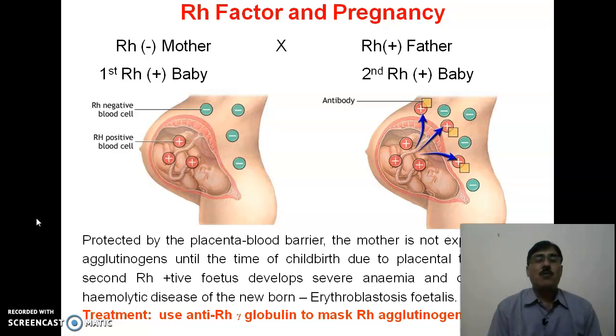There is use of anti-Rh gamma globulin to mask the Rh agglutinogens, and this injection is generally given to an Rh negative female if she wants to conceive again with an Rh positive male, because there are chances that the child or the developing fetus will have Rh antigen in his or her blood.